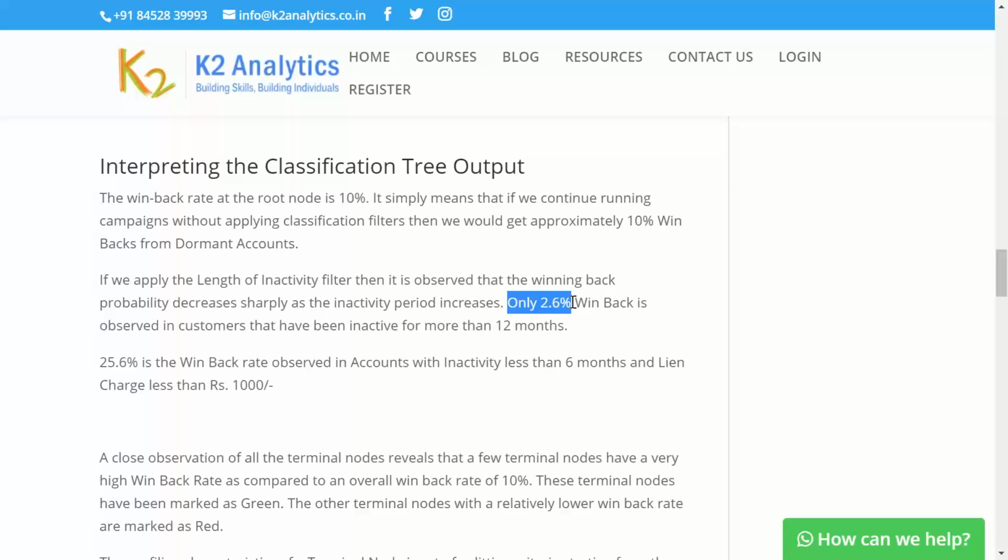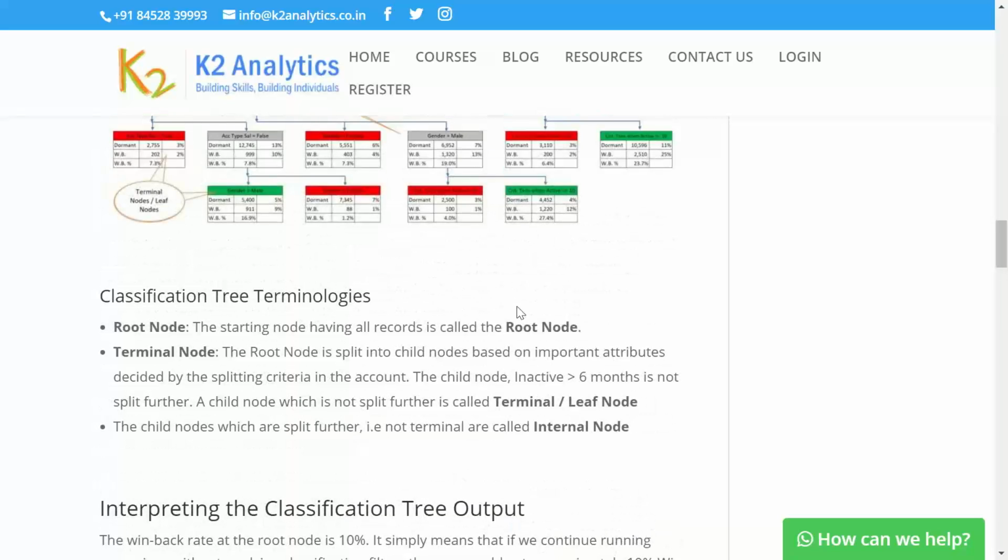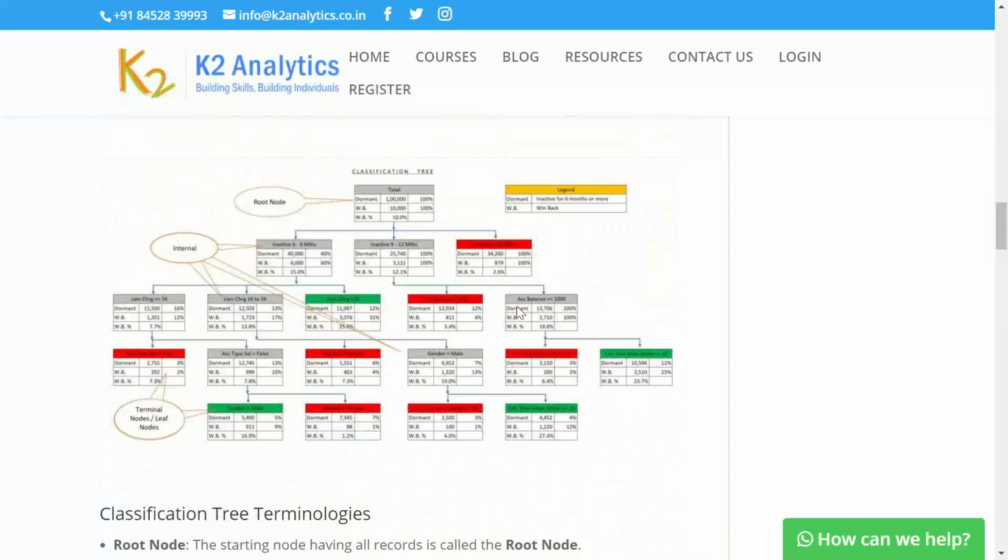So what I can decide is I will not target them. The moment I knock off the base where I have got inactivity more than 12 months, I will be targeting the remaining segment of the customer.